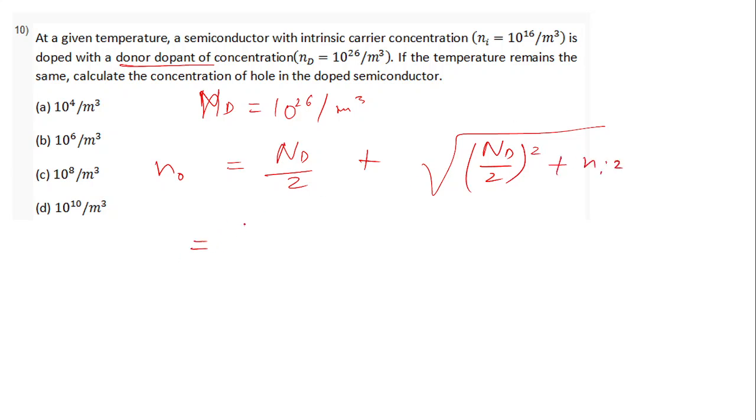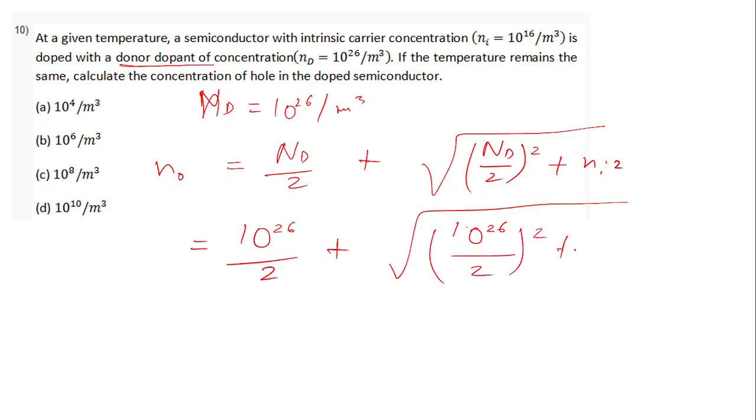We substitute: 10 to the power 26 by 2 plus square root of 10 to the power 26 divided by 2 whole square plus 10 to the power 16 whole square, which will be 10 to the power 26 per meter cube. Sorry, this was the electron concentration.